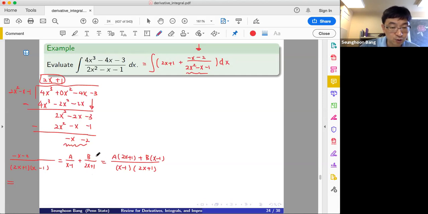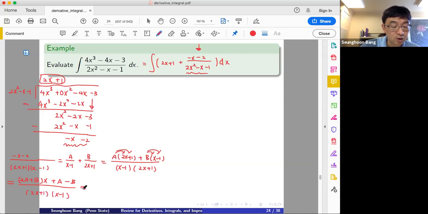This is the same as distributing a, distributing b, and combining. 2ax, bx, you can factor out x, 2a plus b times x. The remaining part is a times 1, which is a, and b times minus 1, which is negative b, over the common denominator 2x plus 1 times x minus 1.